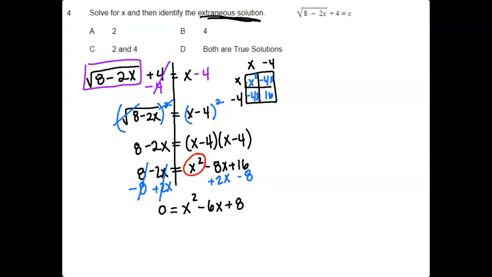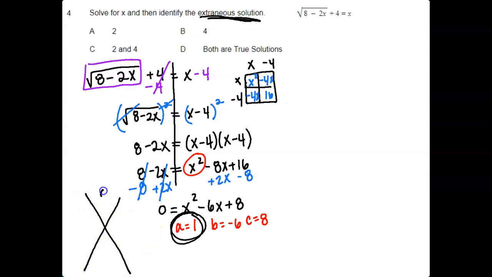All right, so again, there is no GCF, but we do see our A, which is 1, our B, which is negative 6, and our C, which is 8. I am noticing that my A is a 1. So let's go ahead and set up our X method. So we've got 8 and negative 6.